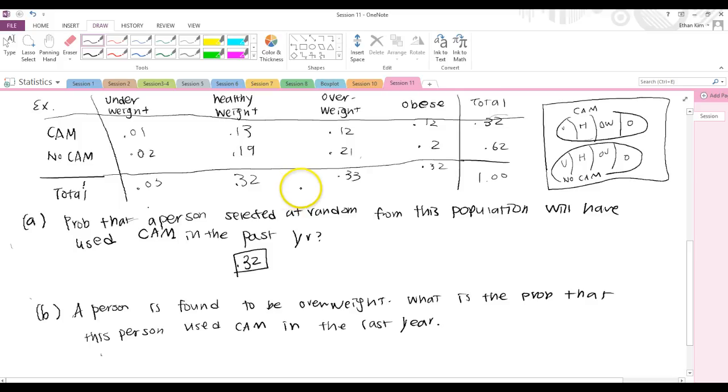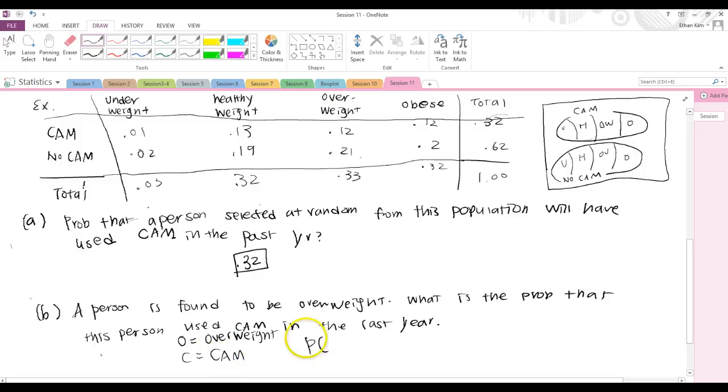And it says a person is found to be overweight. So we're only looking at the overweight population. And what is the probability that this person used CAM in the last year? So if you were to assign some events here, let's say O equals being overweight, C equals used CAM in the last year. So what is this probability?